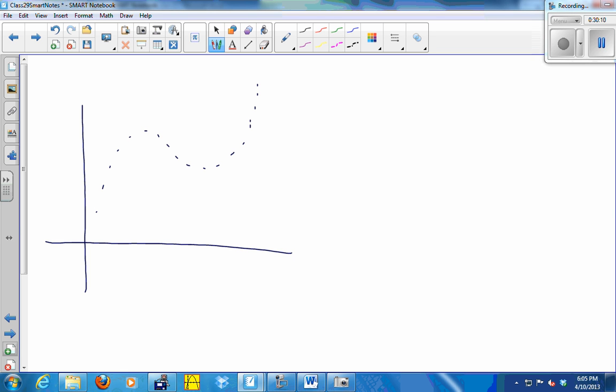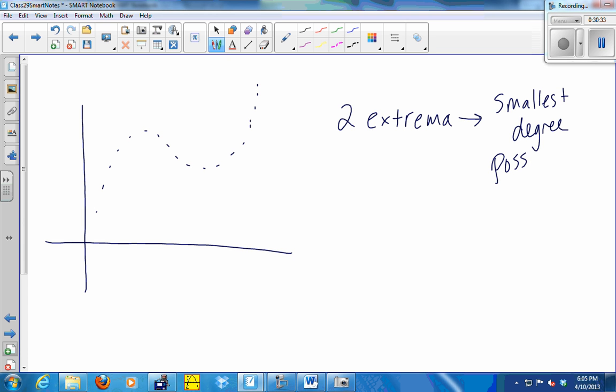So the smallest degree I could use is a cubic, because a cubic can have at most 2 extrema. So if you have 2 peaks and valleys, 2 extrema, the smallest degree you can use that will capture that behavior would be a cubic.